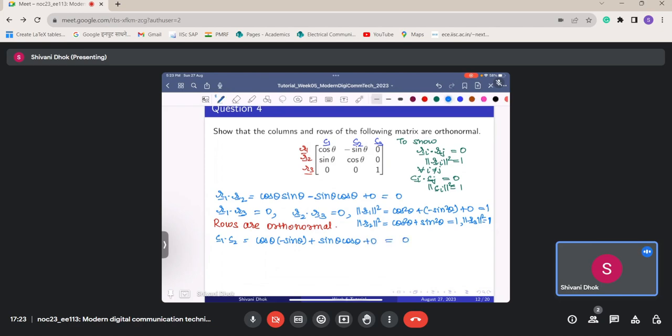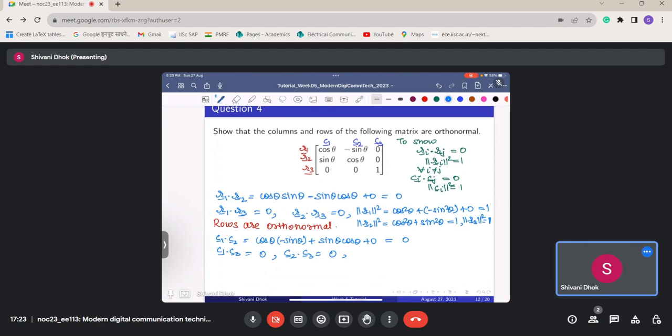So this comes out to be 0. Then we have C1 dot C3. This is cos theta into 0, which is 0, sine theta into 0, which is again 0, plus 0 into 0, which is again 0. So this comes out to be 0. Then we have C2 dot C3. This is minus sine theta into 0, which is 0, plus cos theta into 0, which is again 0, and 0 into 1, which is again 0. So this comes out to be 0.